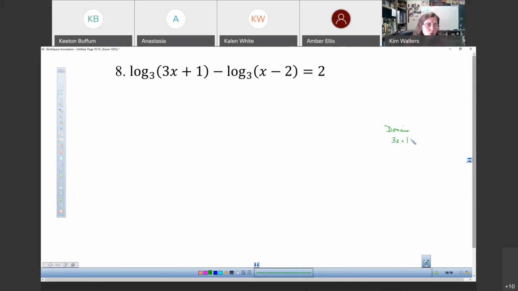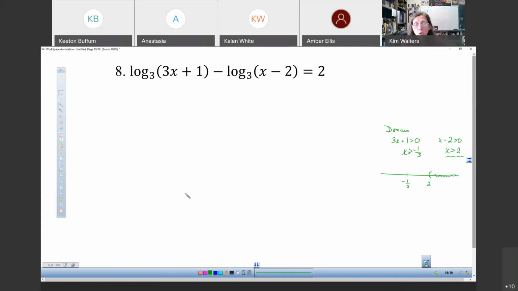You do need to make sure you're checking it at some point because you don't want to end up with those bad numbers. So x must be larger than 2 and x must be larger than negative 1/3. I put these on the number line a while ago to help you see. Greater than 2 is the most restrictive, so everything has to be greater than 2.